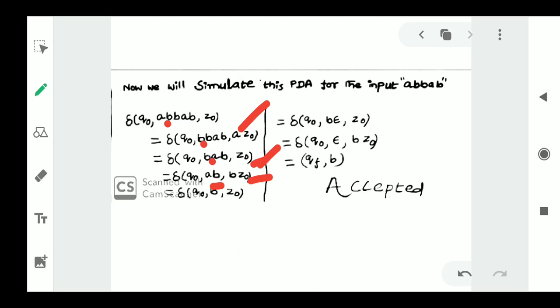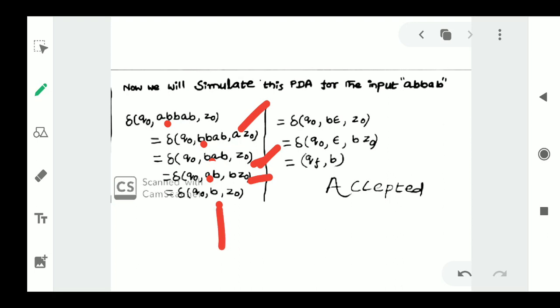The remaining input is AB. After inserting B, the next input symbol is A. Whenever a different input symbol is encountered, remove the top symbol from the stack. So B is removed from the stack. Finally, only one B is remaining.